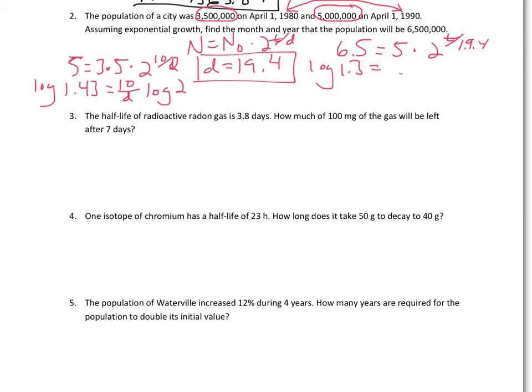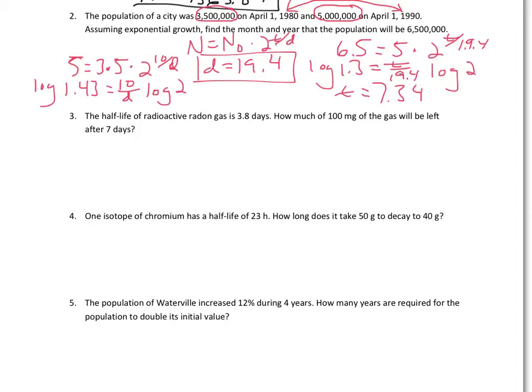Log 1.3 equals t over 19.4 times log of 2. And you can multiply by 19.4, divide by log 2. So 19.4 times log 1.3, close the parentheses, divided by log of 2. And t is 7.34 years.